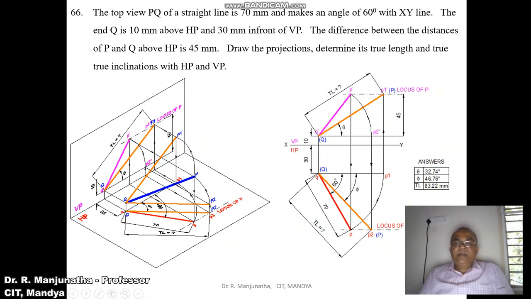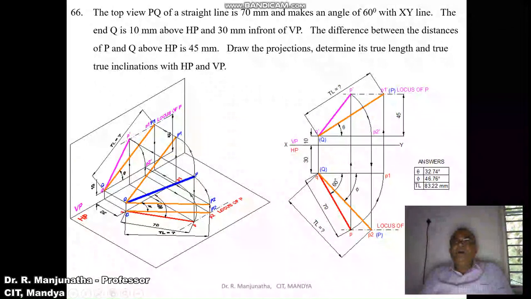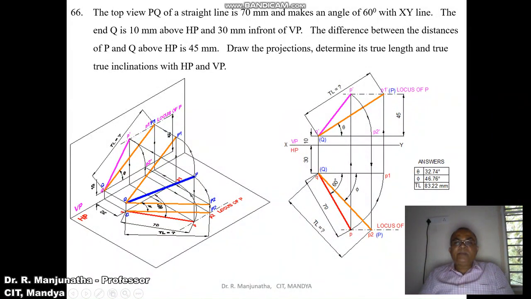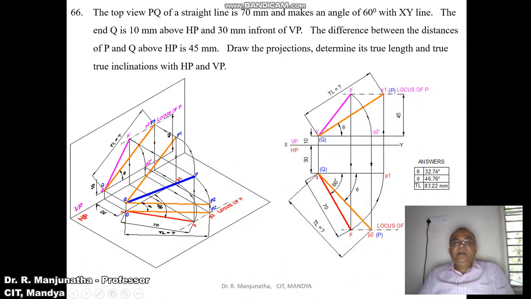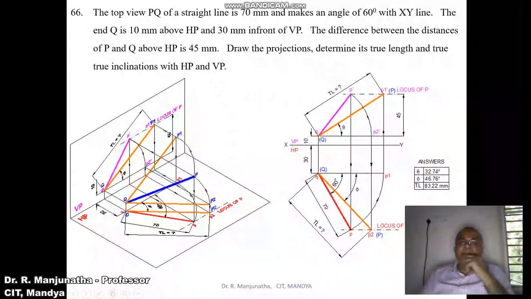Similarly, we need to find out the true length in the horizontal plane. To find the true length on the horizontal plane, you take Q dash P dash now. With Q dash as center, taking the radius of Q dash P dash, draw a smooth arc such that it cuts the locus of Q in the front view. That is, Q dash is above HP by 10 mm and P2 dash should also be above HP by 10 mm, so now the front view line is parallel.